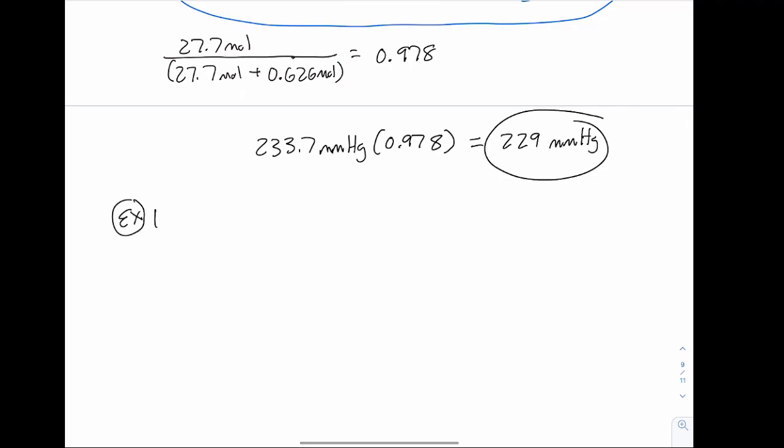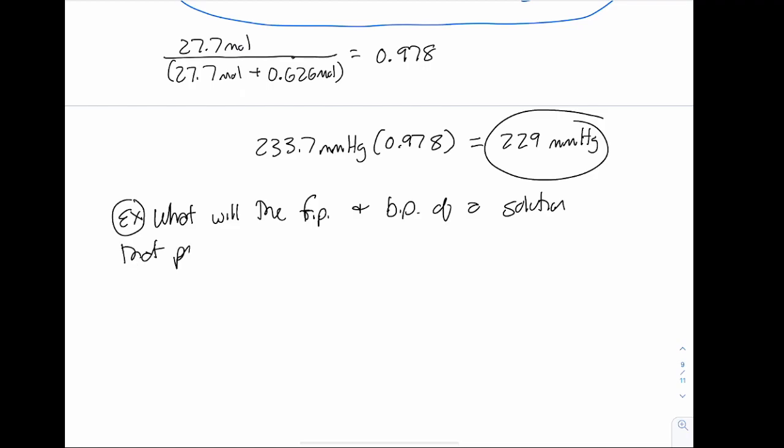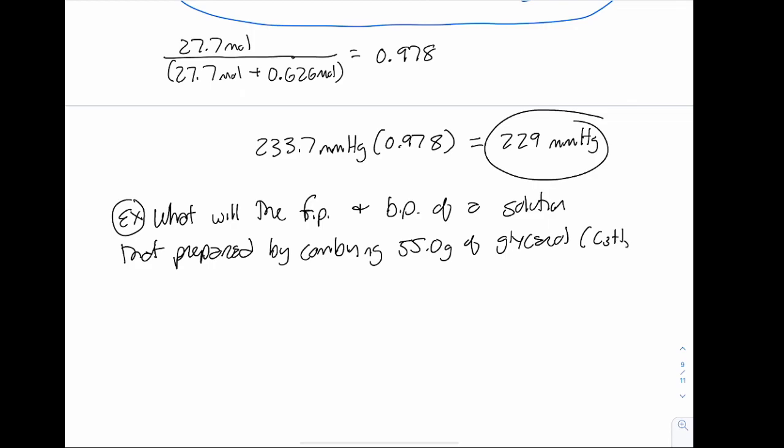So we want to know what will the freezing point, and let's do boiling point also, and boiling point of a solution that is prepared by combining 55.0 grams of glycerol, which has the chemical formula C3H5OH3, and 250.0 grams of water.